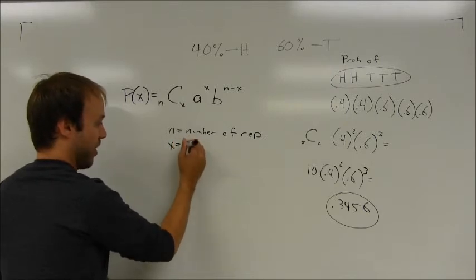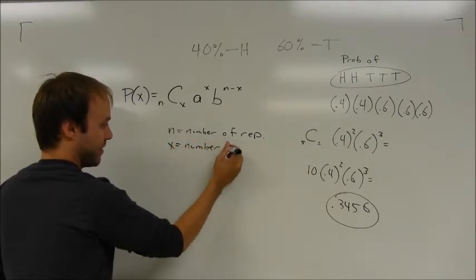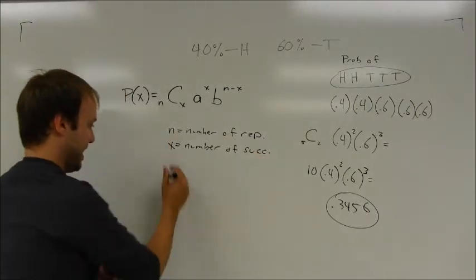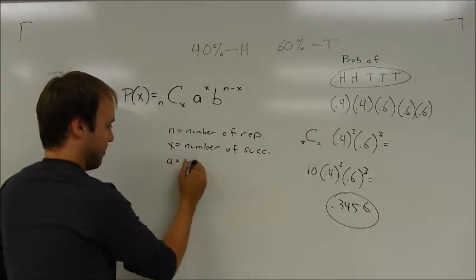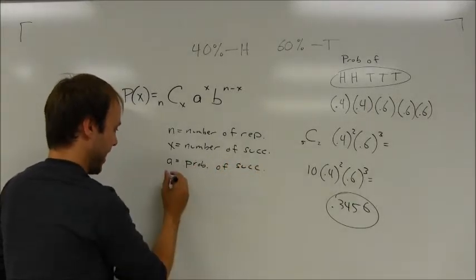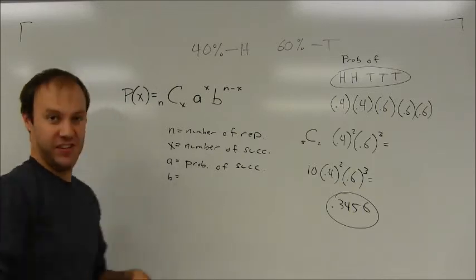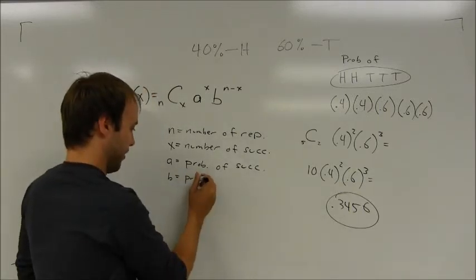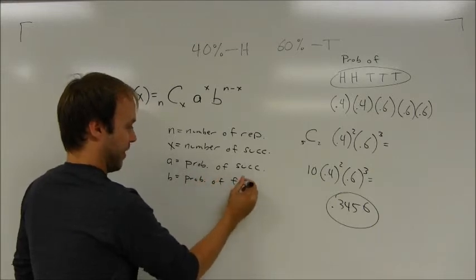X is the number of successes that you want to have. A is the decimal probability of a success. And B really is just the complement of that. It's actually 1 minus A. That's just the probability of a failure.